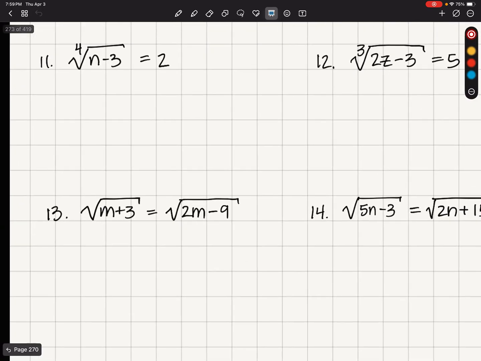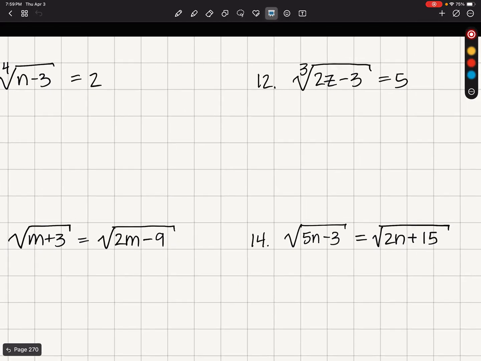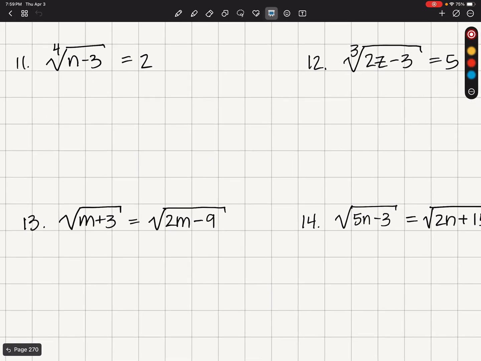Okay, number 11. Now that we did number 10, give number 11 and number 12 a try and see if you've got it. And then come back and I'll reveal both answers. Okay, welcome back. For number 11, the answer is n equals 19. And for number 12, the answer is z equals 64.